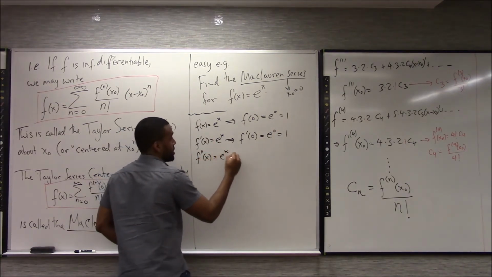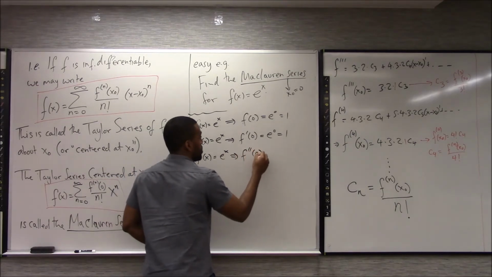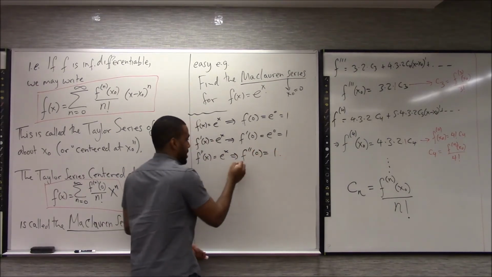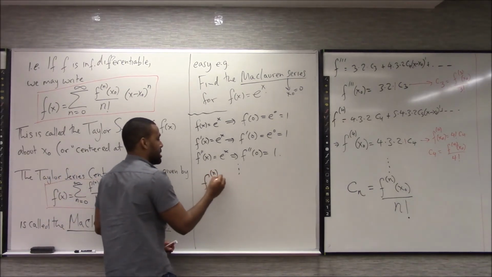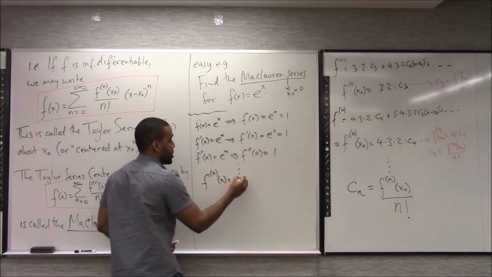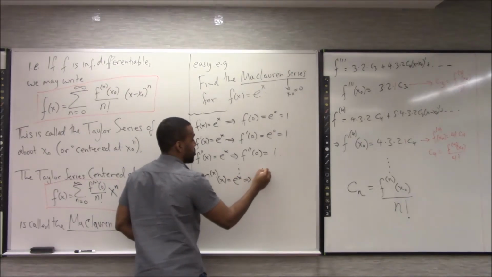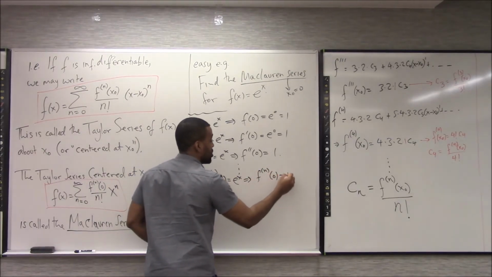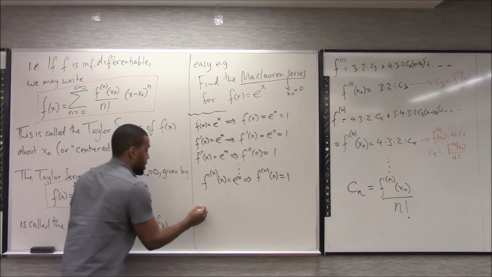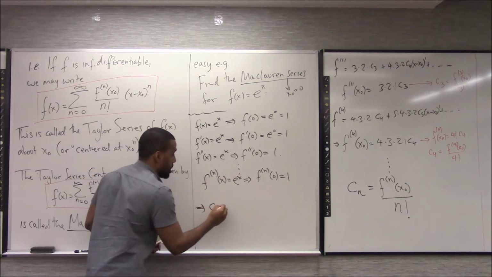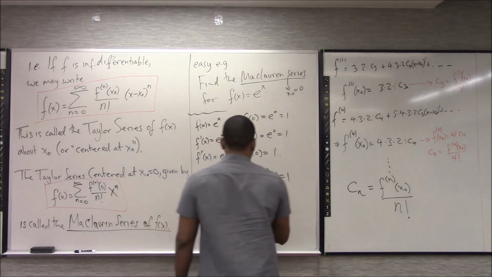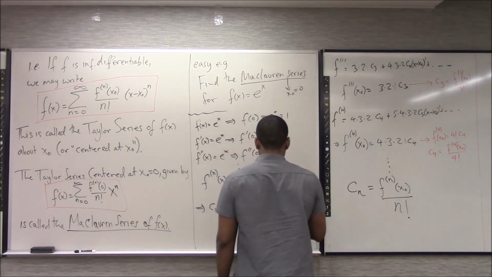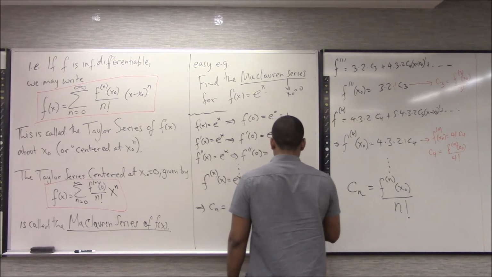Well, that's e to the x. Evaluate the second derivative at 0. Well, that's 1. I think we kind of see the pattern here. It turns out that the nth derivative of this is going to be itself, which means that the nth derivative evaluated at 0 is 1. Which means Cn is going to be equal to 1 over n factorial for the Maclaurin series.